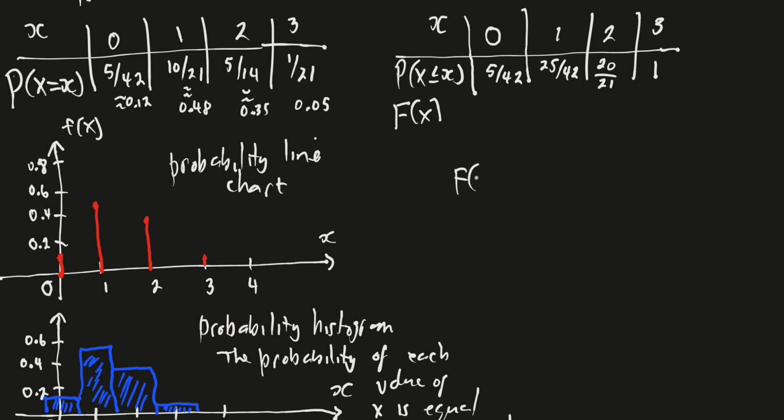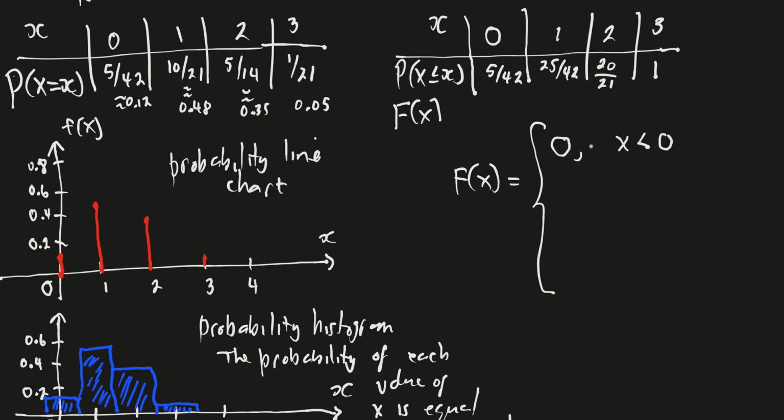So F of x, so now our CDF, it can take on, so whenever your x value is less than 0, so whenever it's negative, we know that there is no probability associated with that because we can't have a negative number of women. So I'm going to just describe it like this. This function is going to be 0 whenever x is strictly less than 0.